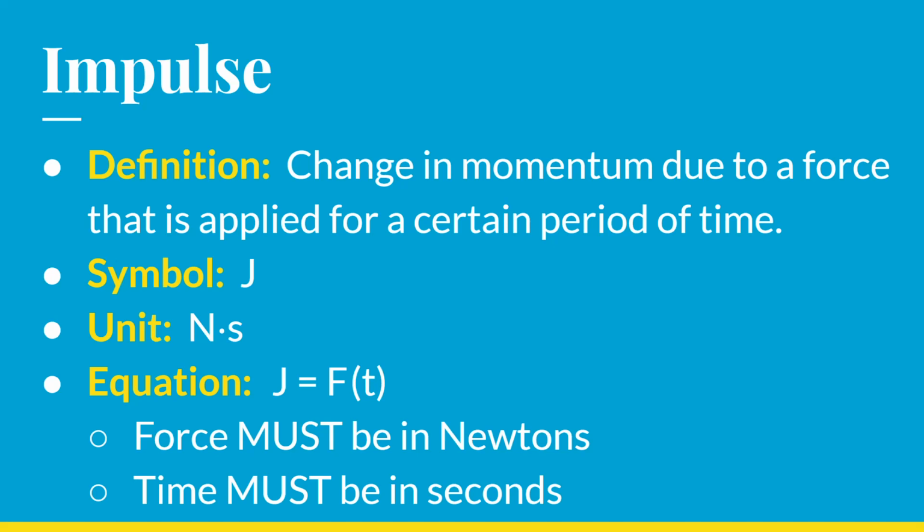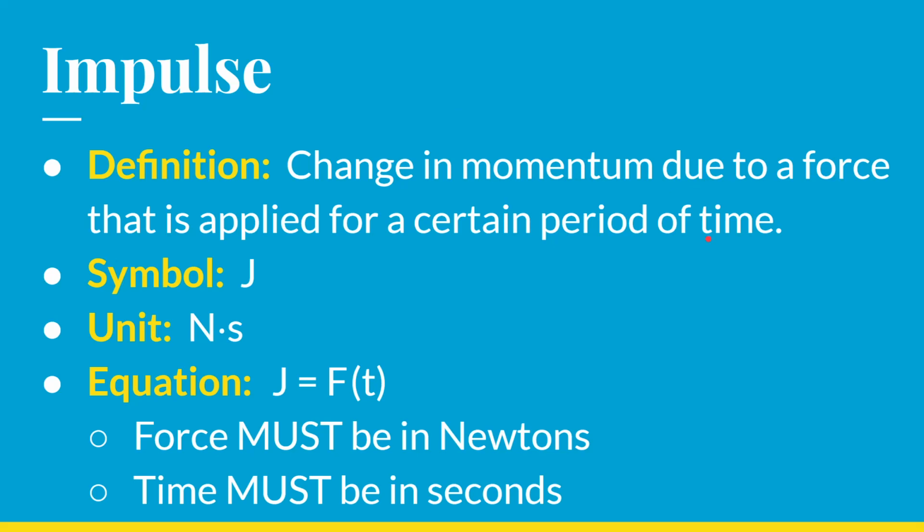The units for impulse are Newton seconds, Newtons times seconds. And if you look at the equation, again, it's going to make sense because the equation says J, which again is impulse, equals force times time. It's in the definition too, change in momentum due to a force applied for a certain period of time, force times time.